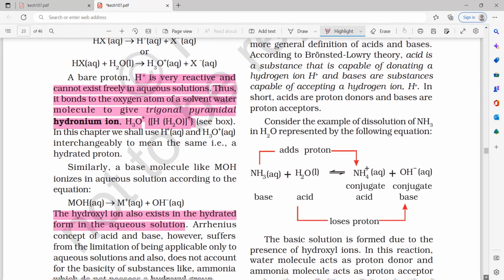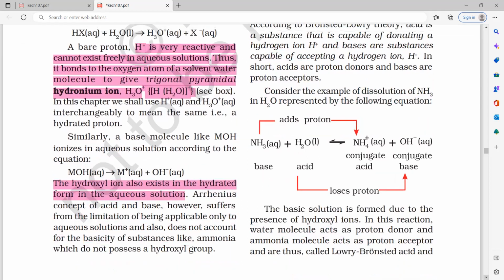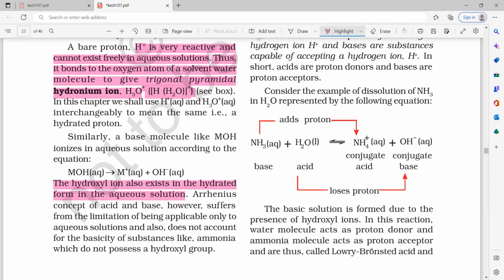The Arrhenius concept of acid and base, however, suffers from the limitations of being applicable only to aqueous solutions and also does not account for the basicity of substances like ammonia. You know, ammonia is NH3.